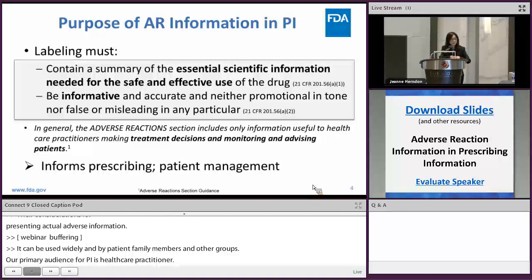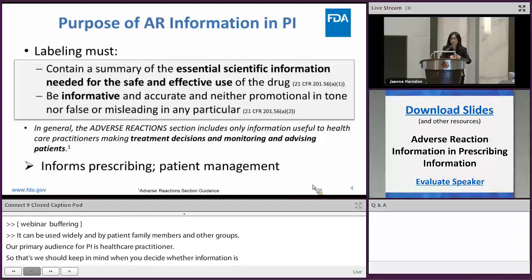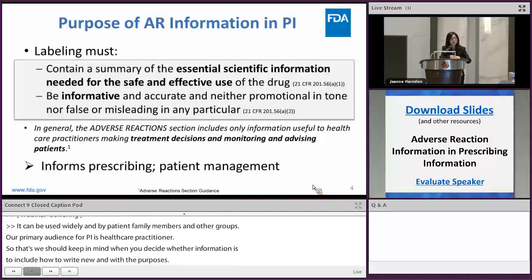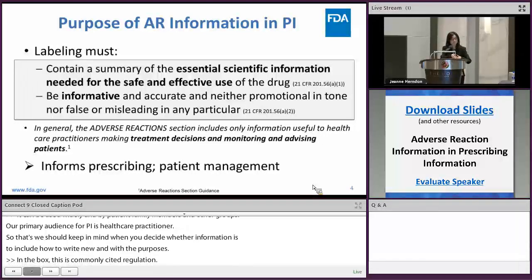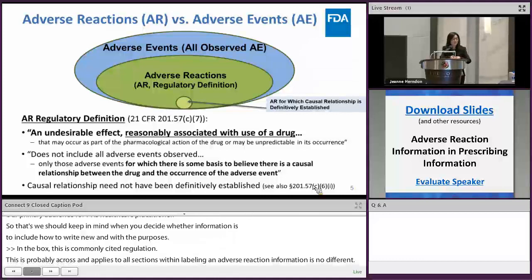And in the box, this is a commonly cited regulation. It applies broadly to all sections of labeling and everything in the labeling, and adverse reaction information is no different. So it has to be informative and accurate and not misleading in any way. With that in mind, the regulations make a distinction between adverse reactions and adverse events.